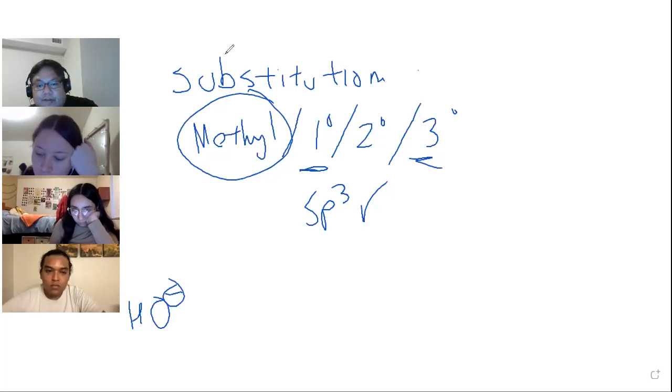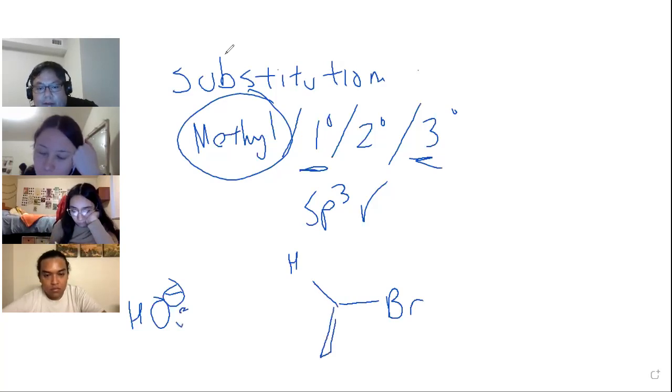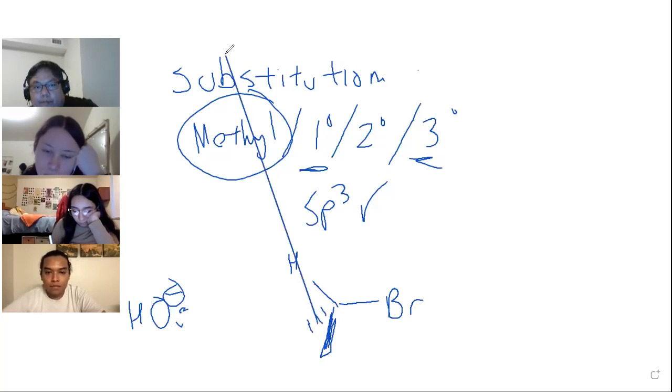So I'm going to draw this again, and this is a very important thing to make sure you guys understand. When I did this example earlier, I showed you how the actual orbitals are involved.